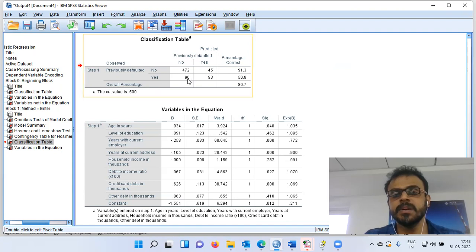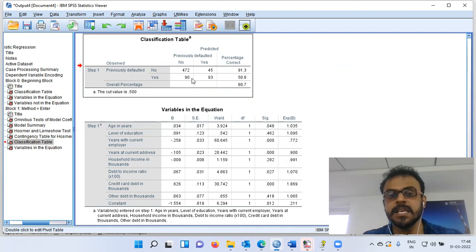Let's interpret the numbers 90 and 93 respectively. When you look at this number 90, let's pay attention to the row heading. It says yes, so the actual category is yes. The predicted category is no. What does this mean? This simply means that out of 183 defaulters, 90 defaulters have been misclassified as non-defaulters.